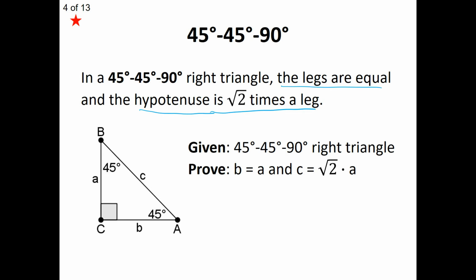Of course, because it's a right triangle, in our proof we will use the Pythagorean theorem, so underneath the hood it's still the Pythagorean theorem. But these side ratios will hold true anytime we encounter a 45-45-90 right triangle.